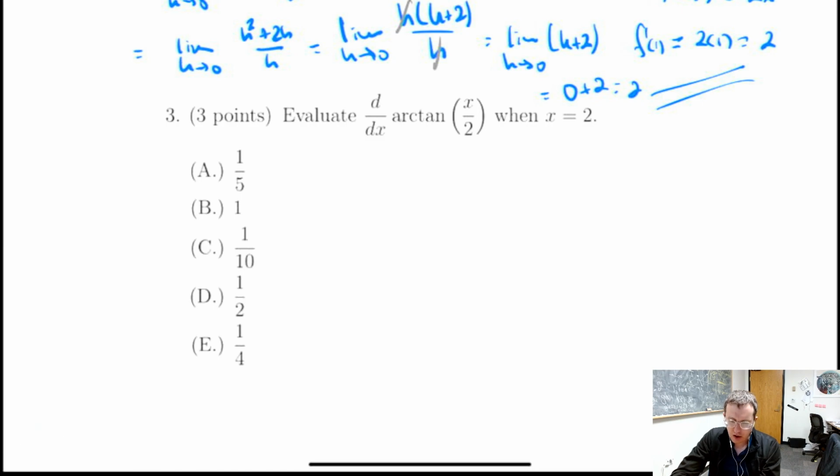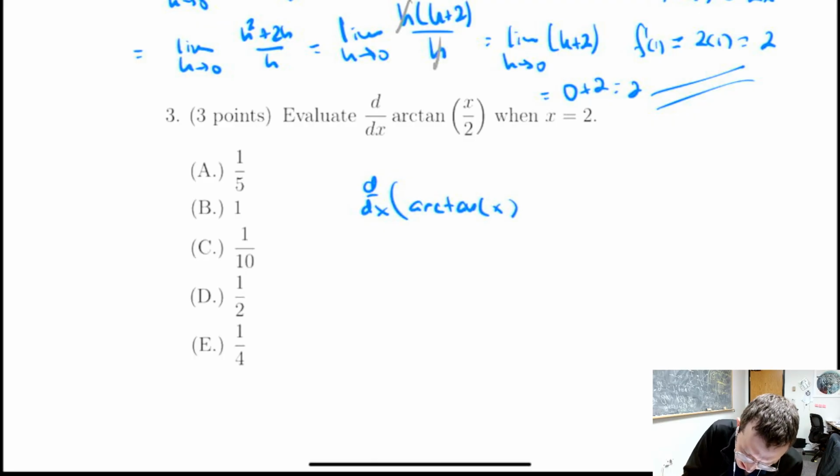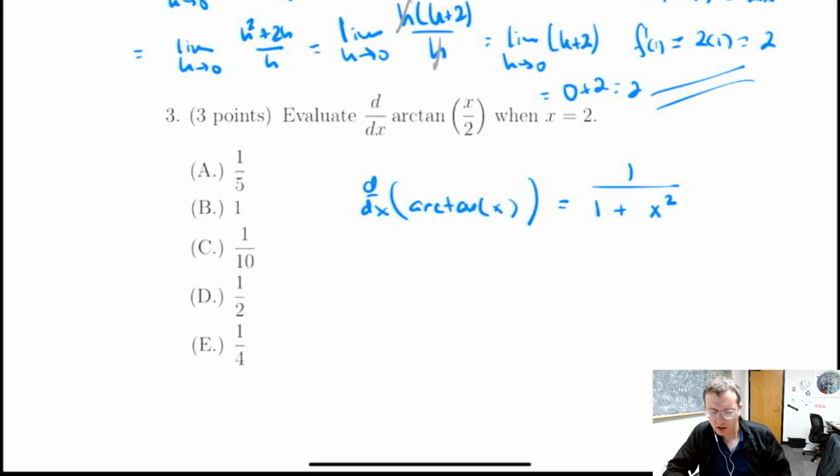Evaluate the derivative of arctangent of x over 2 when x equals 2. Okay, so the derivative of arctangent of x is 1 over 1 plus x squared.